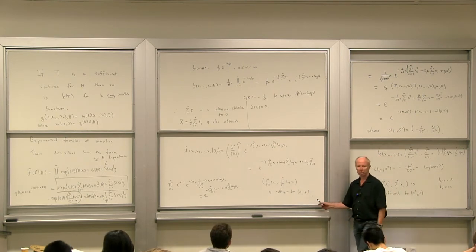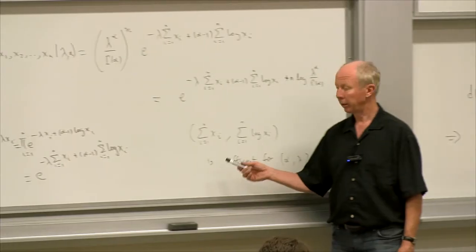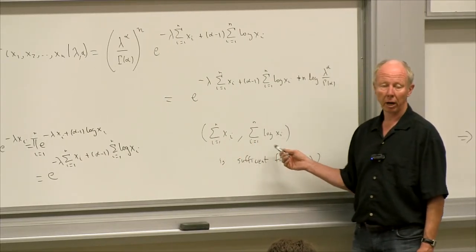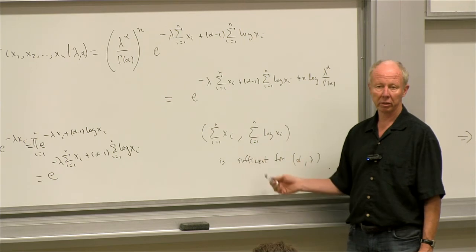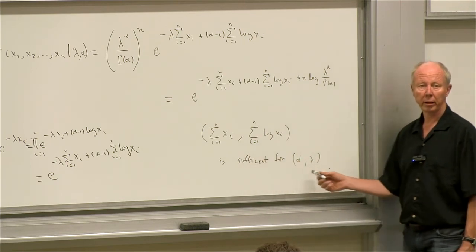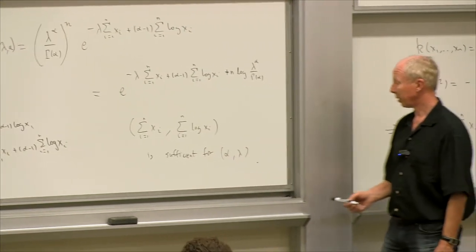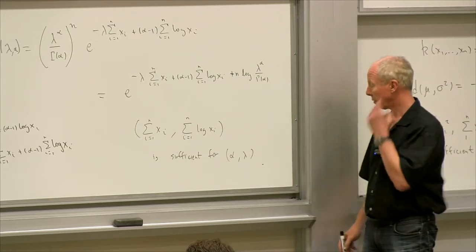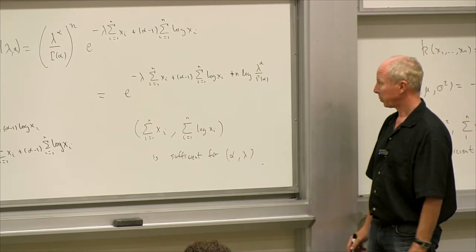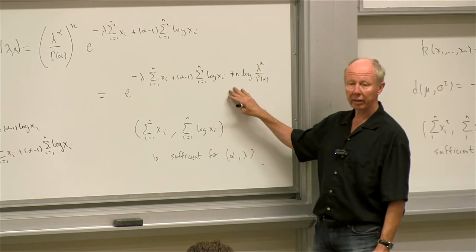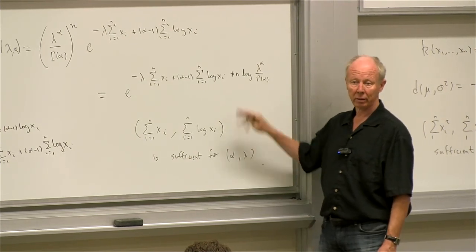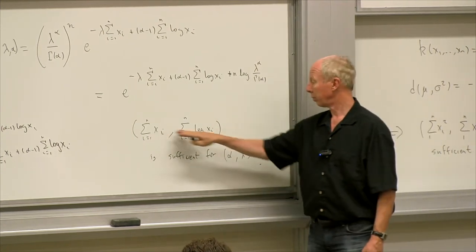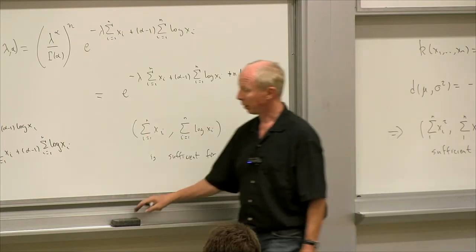So if you want to predict alpha and lambda, and you use some invertible functions of these, there could be no more information in the data than is contained in these two functions of the data points. And so the gamma is an exponential family, and we can derive sufficient statistics that way.